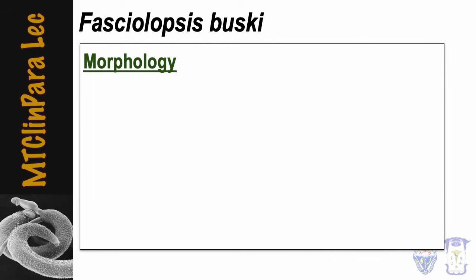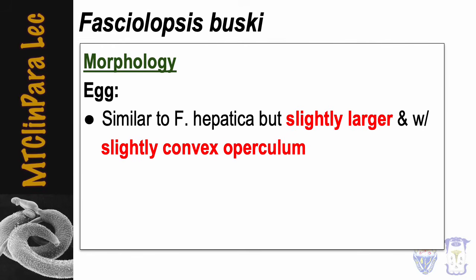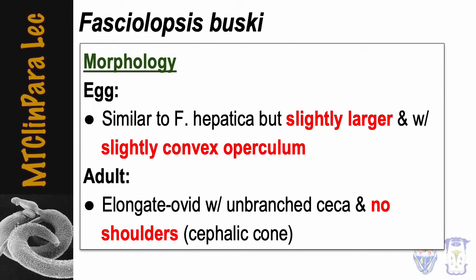When it comes to morphology, the eggs are very similar to Fasciola hepatica but slightly larger, with a slightly convex operculum. But this is not used to identify the two, but rather the adult forms. The adult is more elongated, with unbranched ceca and no cephalic cone, or what we call the shoulders.